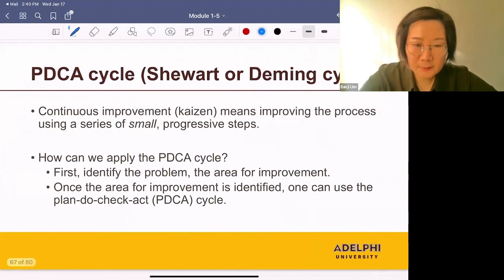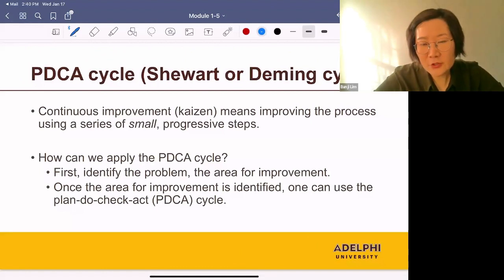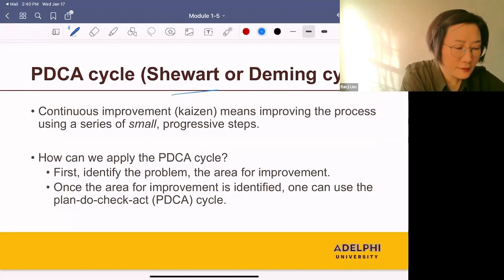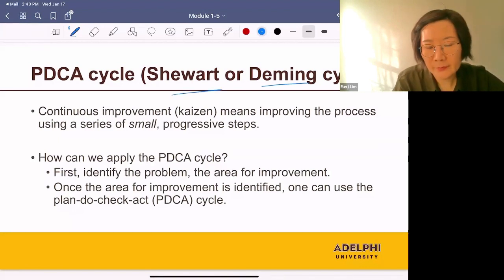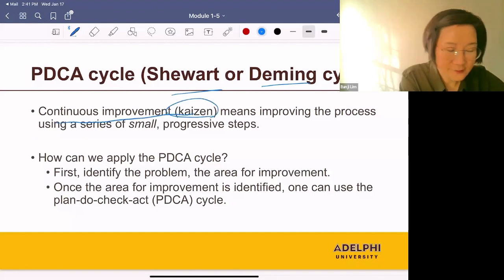So now when you find a problem in your operation, how can you fix this? I want to turn to the idea of the PDCA cycle. This is a procedure that you use to find a solution to any problem you have. It's also called the Shewhart cycle or Deming cycle. And this idea is called continuous improvement, Kaizen.